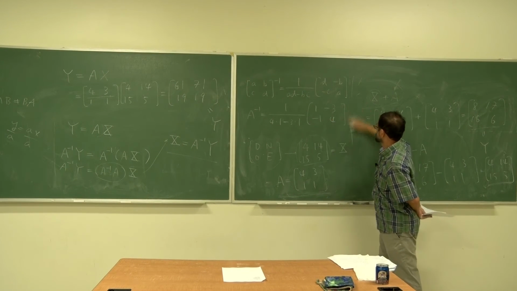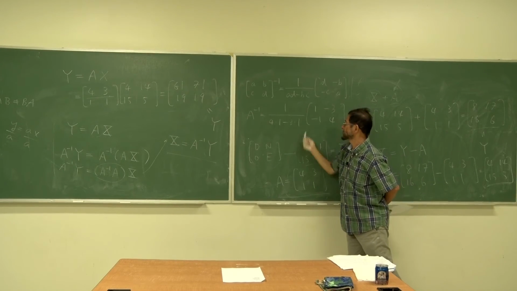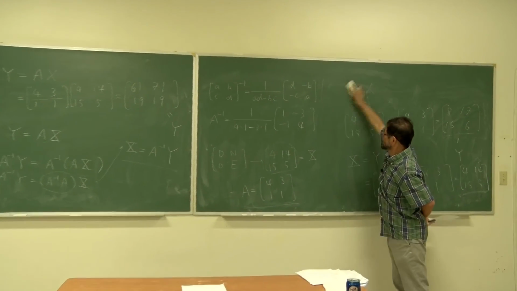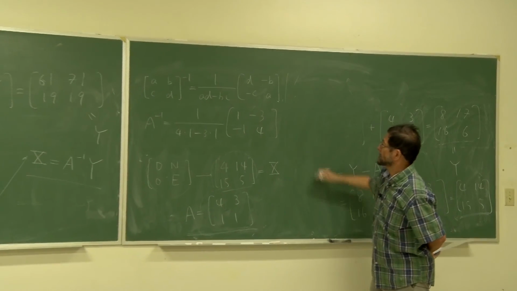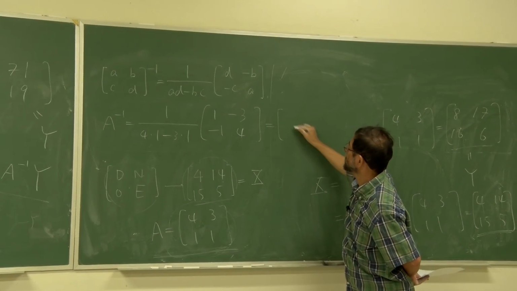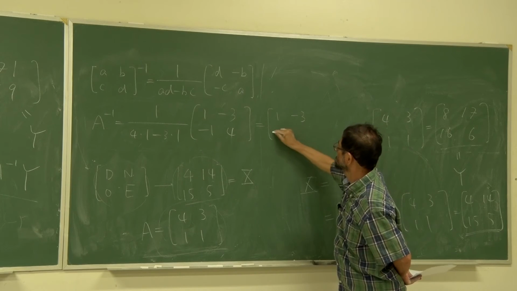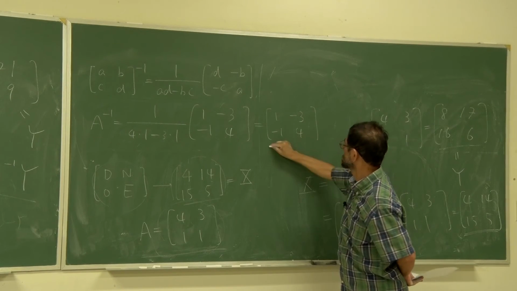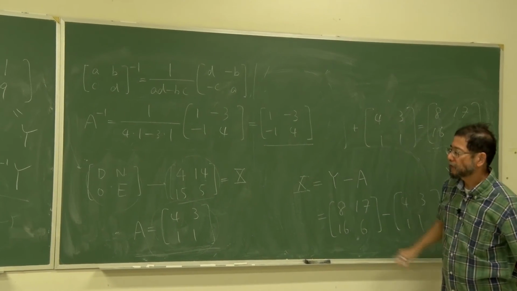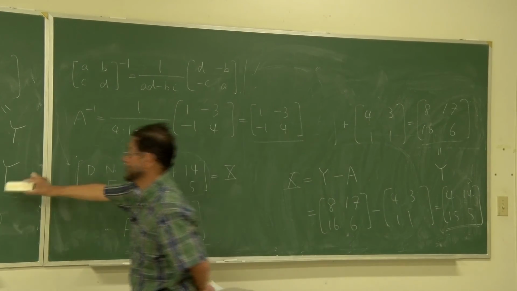Okay. Then this one happens to be just a 1, so you can just take it out. So your A inverse is just this matrix here.